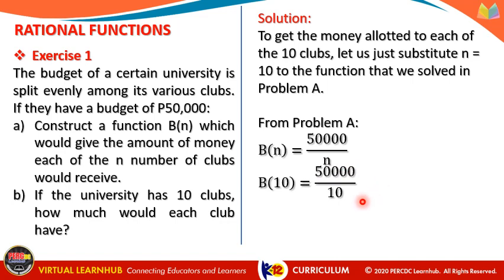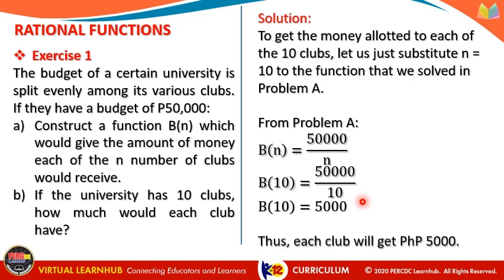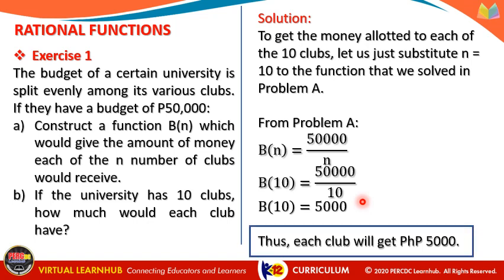Bahala ka na kung paano mo ito kukunin. Pwedeng manual, pwedeng calculator. Anyways, if you're going to solve for the answer, we will get 5,000. Ibig sabihin natin ngayon, kung mayroon ngang 10 club sa university natin, bawat club ay makakatanggap ng tig 5,000. And that's it. We now have our answer.